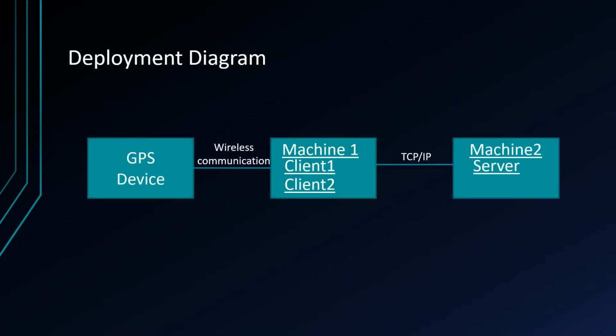So in the deployment diagram, we have a GPS device, and of course we have wireless communication bound into the machine or client. So bound into TCP/IP and bound into the machine or server.